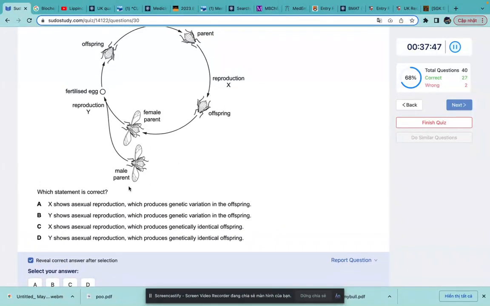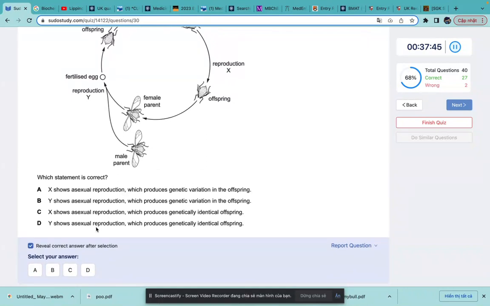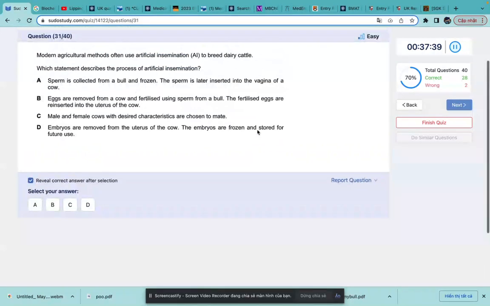X is asexual reproduction, which produces genetically identical offspring. Artificial insemination. Eggs are removed. Oh no, sperm collected. Oh, B is IVF. This one is AI.